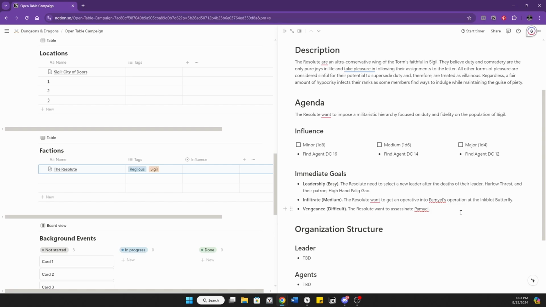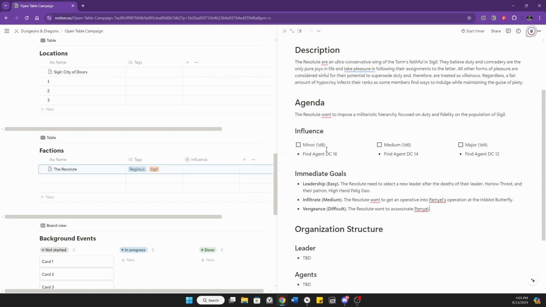And I found it much better to start tracking the kind of influence that a faction has. And I've used a number of tools over the years to kind of figure that out. And I've settled on this minor, medium, and major, meaning that a faction of minor influence has, well, less influence than one of medium influence or one of major influence.